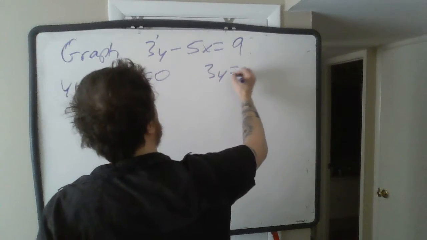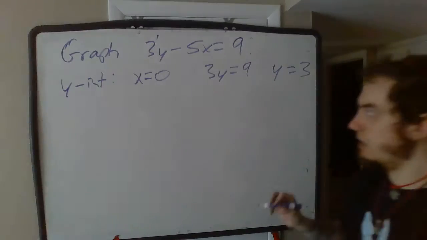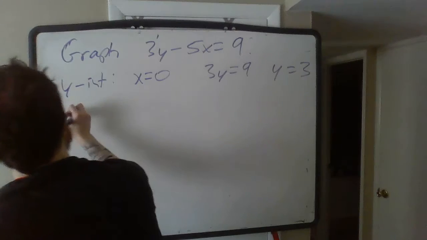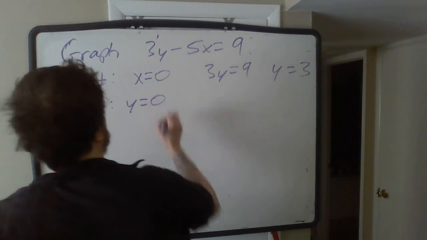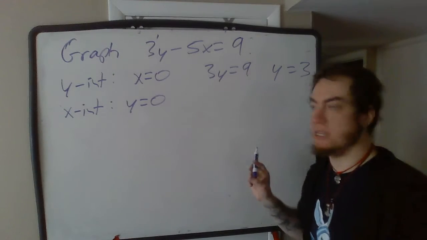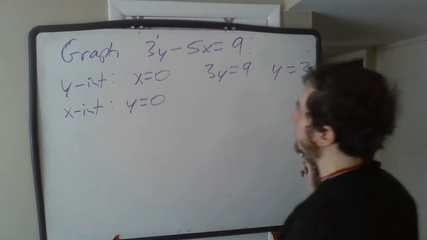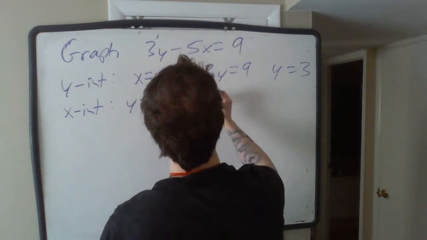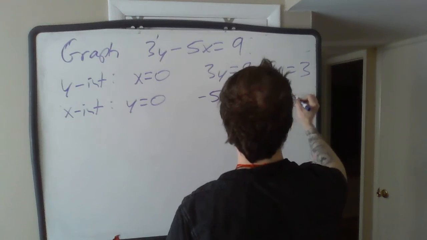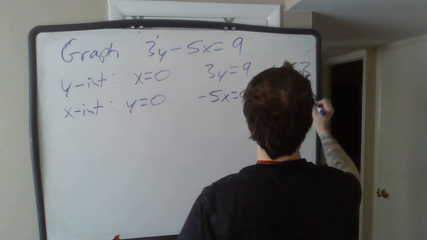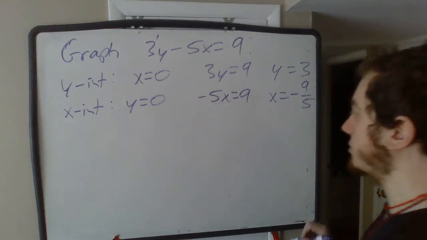That gives me 3y is equal to 9, or y is equal to 3. Now I want to find the x-intercept. So that means I set y equal to 0. Now, I suggest that you pause this and see if you can find the x-intercept yourself. But here we go. We're going to set y equal to 0, so we get negative 5x is equal to 9. That means x is equal to negative 9 over 5. So that is my x-intercept.